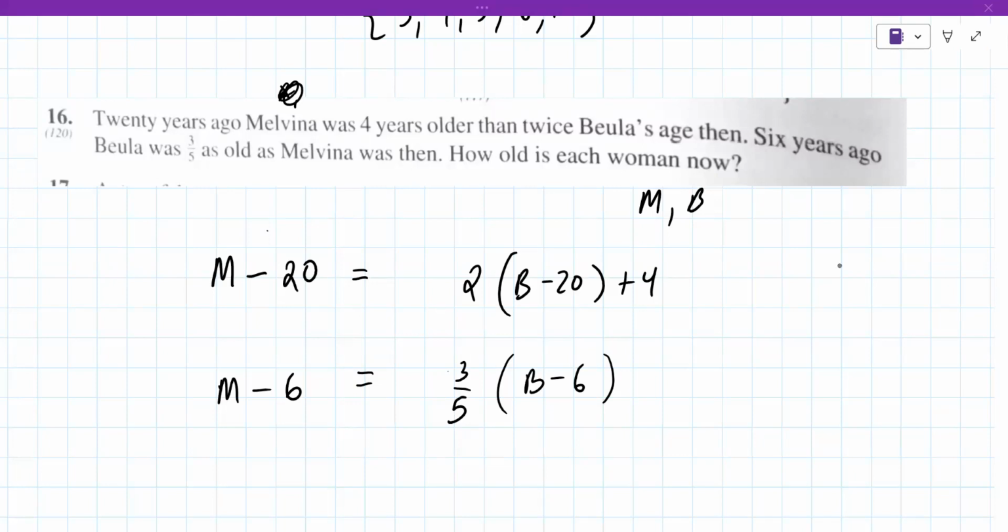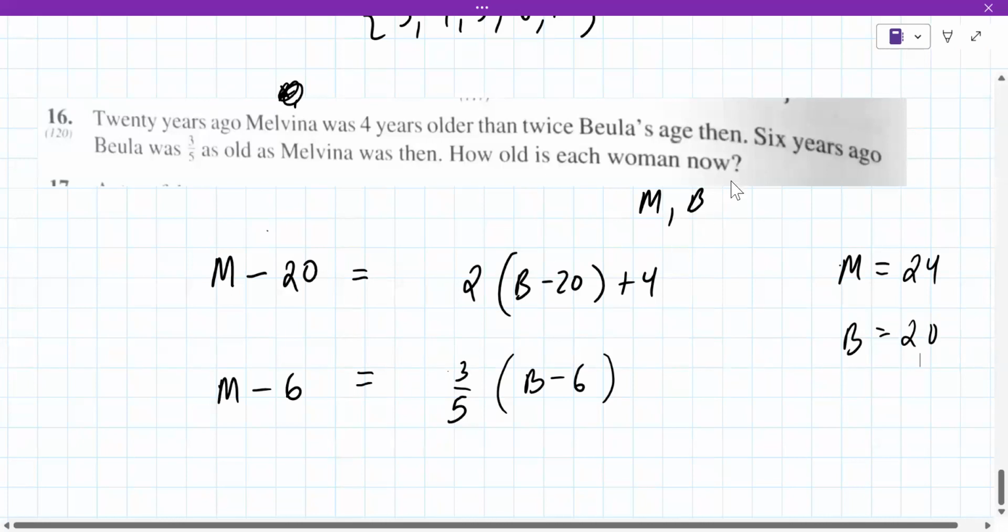So you said you got Malvina is 20 or 24? Malvina now was 24, and Beulah was 20. At least that's what I got. Okay. 6 years ago, 18 and 14. So that's not quite right, because the numbers don't, I mean, it's close.